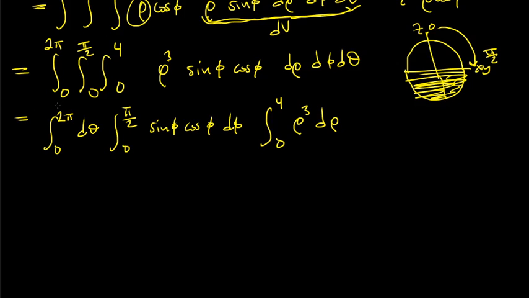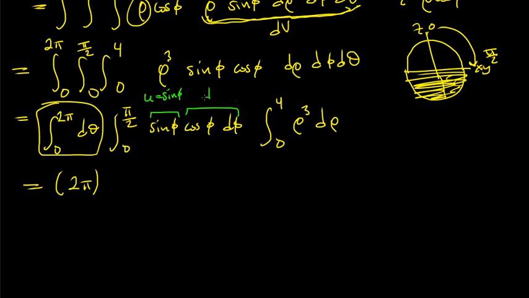Okay. So the first integral, no surprise, 2 pi. The second integral, well, maybe some of you know this by heart. I don't. I use a substitution. u is sine phi, and then du is cosine phi d phi. So you're just integrating from 0 to 1, u du. So you should just get 1/2 there.